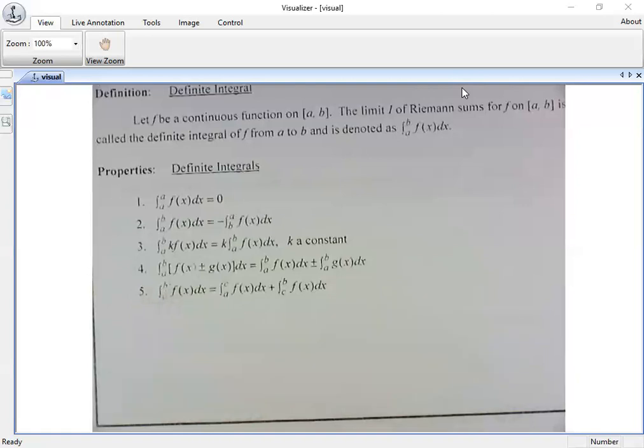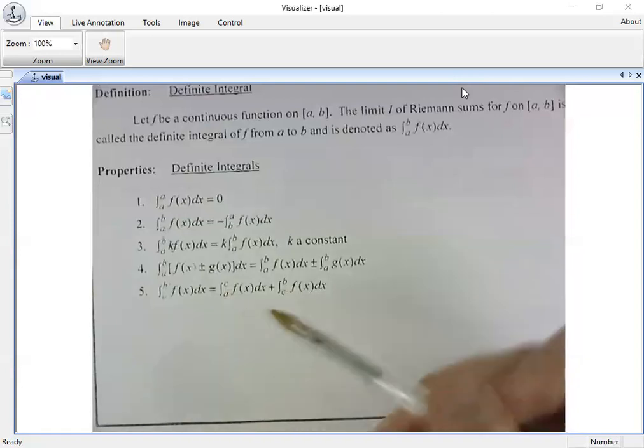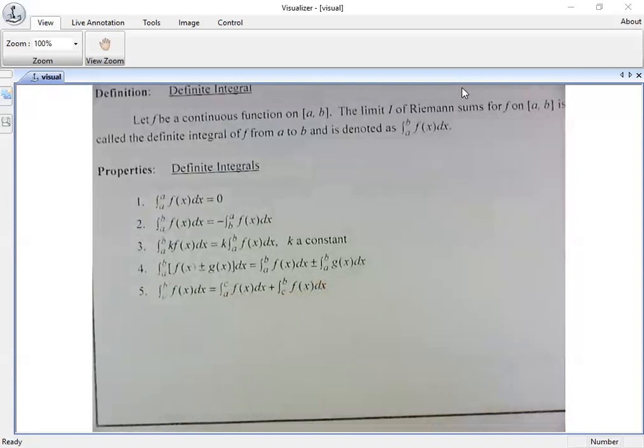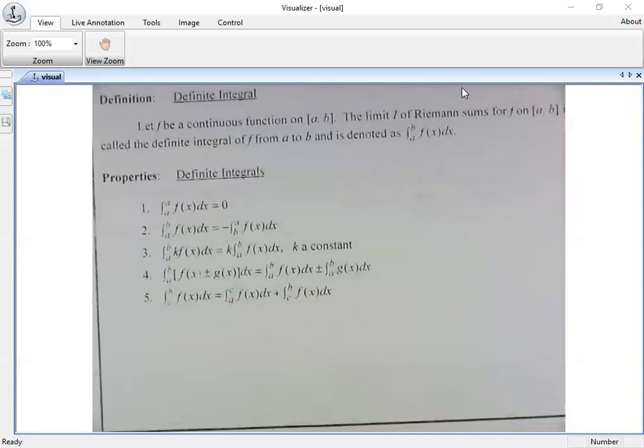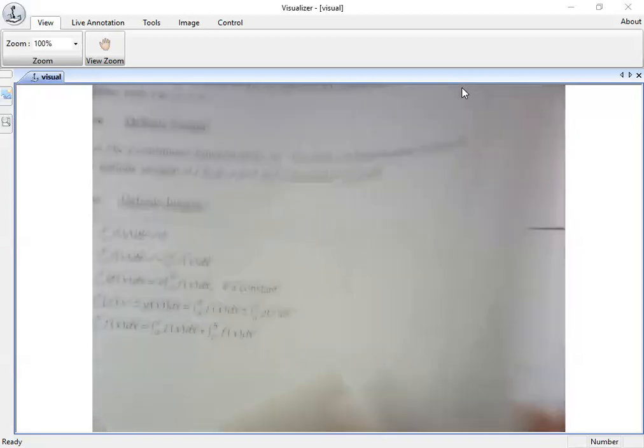So we've actually got a break in the graph somewhere in between A and B. This would tell us that we could pick a point C, wherever that break is, and we could get what the integral is from A up to C, wherever that asymptote is, and then add from C to B. If you've got a gap in the middle, you couldn't just go from A to B. But I could pick some arbitrary point in between, and I could get this area under the curve plus this area under the curve, and that would be the total area, okay? I personally think that's going a little further in depth than what you guys are going to need, but those will be our properties.